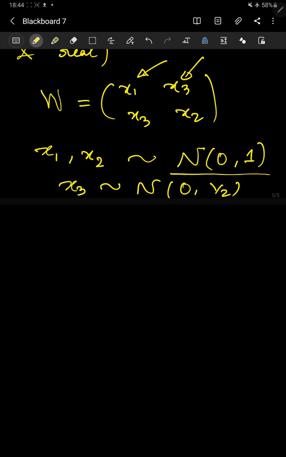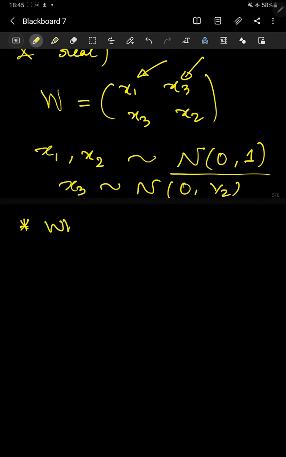So the question is, what is the probability density function of the spacing between the eigenvalues? Again, remember, as I keep on repeating, the eigenvalues themselves are random variables, because different matrices have different eigenvalues and we are picking the elements from a distribution.